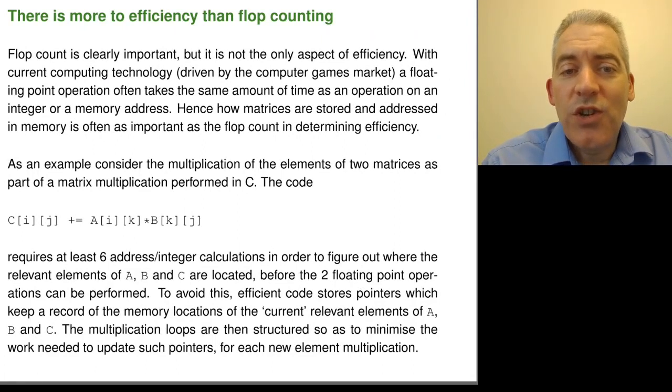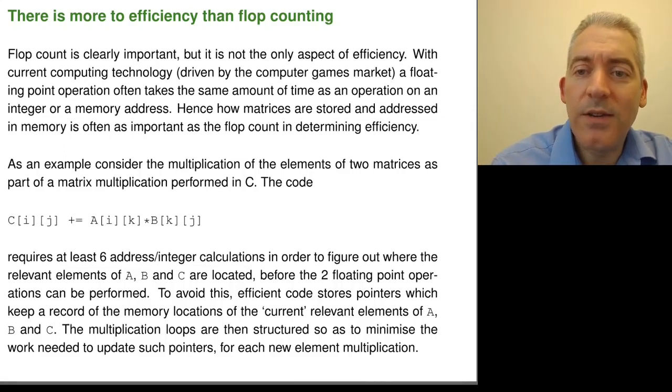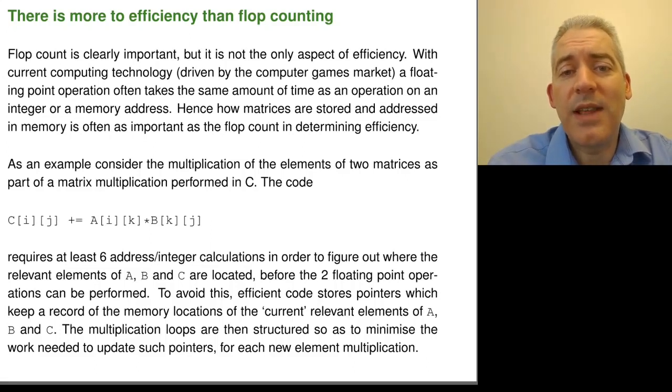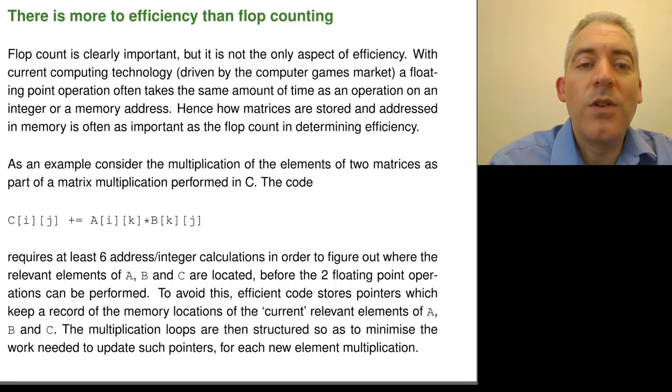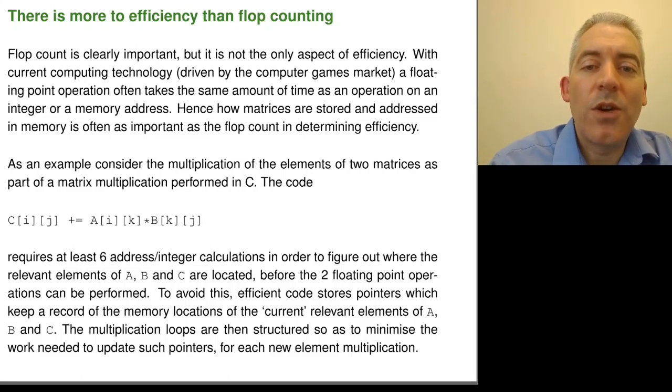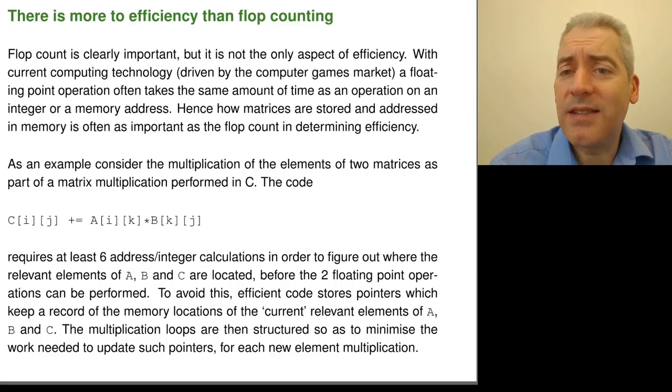However, I sort of suggested that usually the flop count gives you a good idea of how long an operation will take, but it really isn't quite as simple as that. Modern computers are very, very complicated. There's an awful lot going on under the hood, and so it isn't necessarily as simple as that. And so one thing to be aware of is the fact that just indexing and manipulating data in memory also take a lot of time and effort.